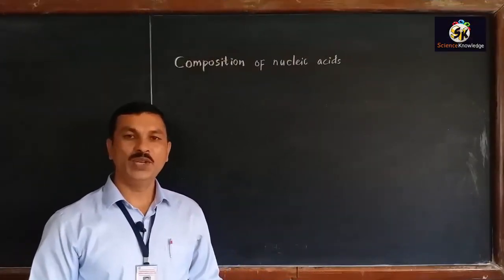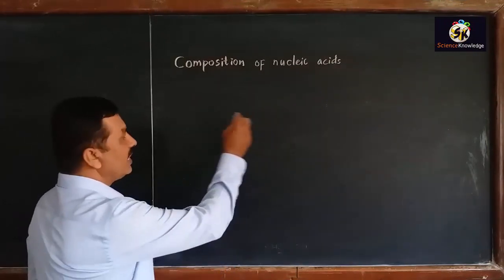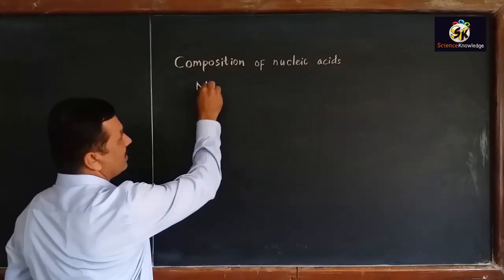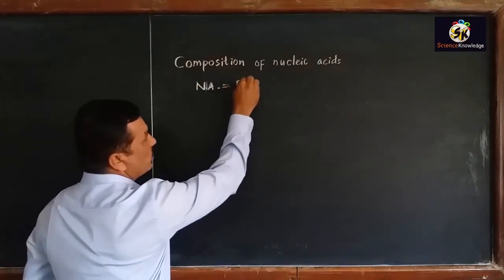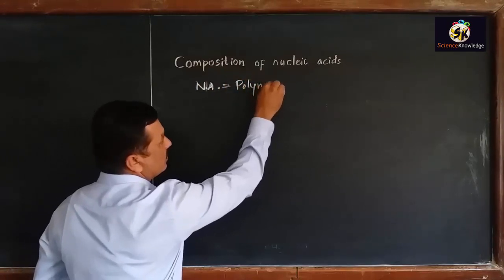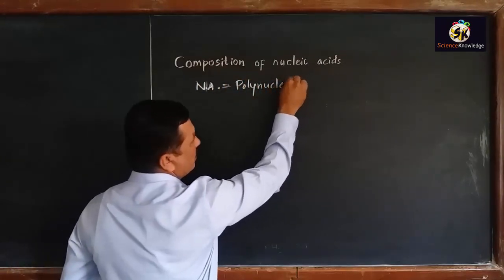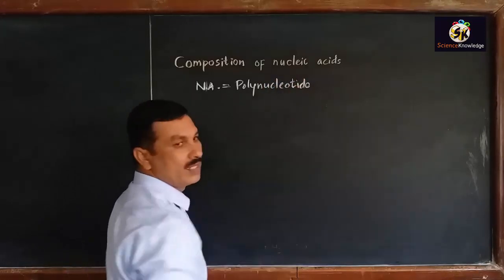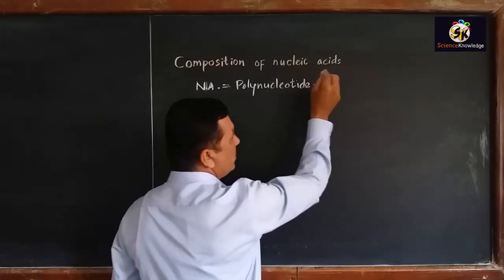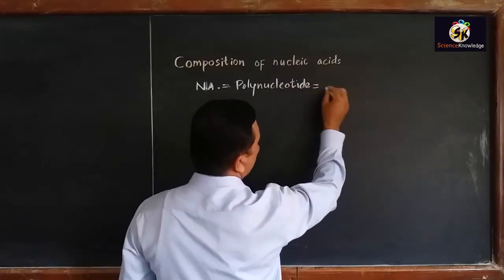In the last video, we have seen that nucleic acids are polynucleotides, and they are linked with each other by a phosphodiester bond.